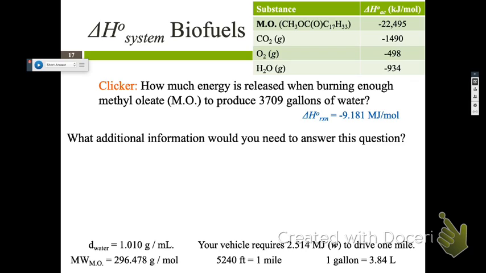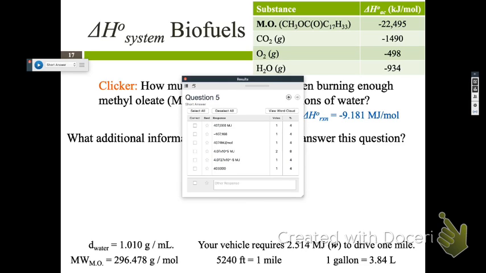Let's crowdsource the correct answer. The next one, yeah. So we have a whole bunch of different units. So how many sig figs should our answer have?